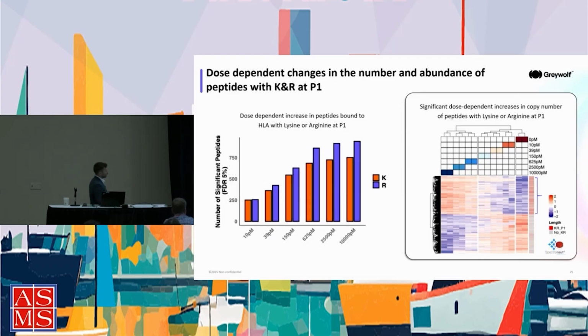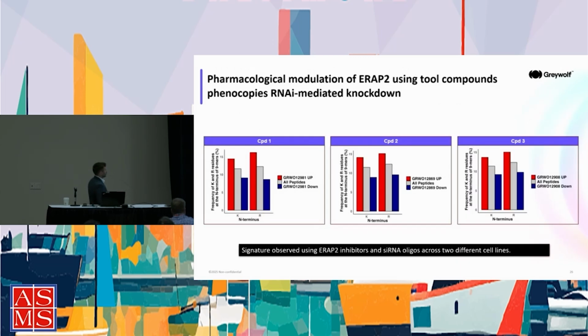So again, concept is high-dimensional data. Internal ask is always, how can we boil it down into a single score? I jumped ahead, sorry. Just to say that we also went off to validate this in different compounds. So these are 3 different tool compounds of ERAP2 inhibitors.